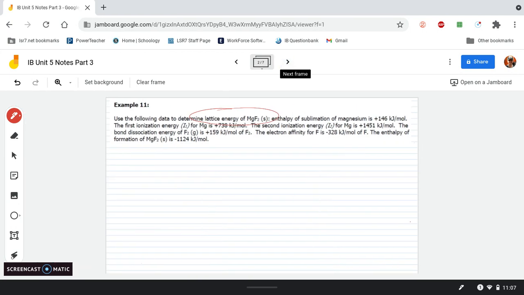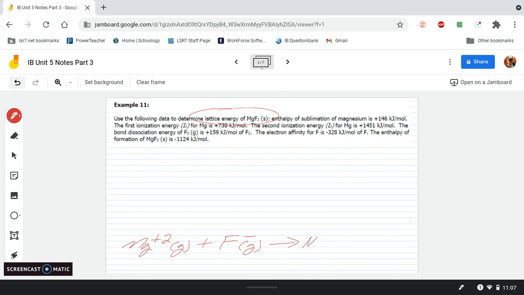So if we're making MgF2, that's going to be Mg plus 2, because that's the charge that magnesium makes, and that's a gas, added to fluorine. Sorry, not chlorine, that's a lie. It's a fluorine, F minus 1 as a gas.